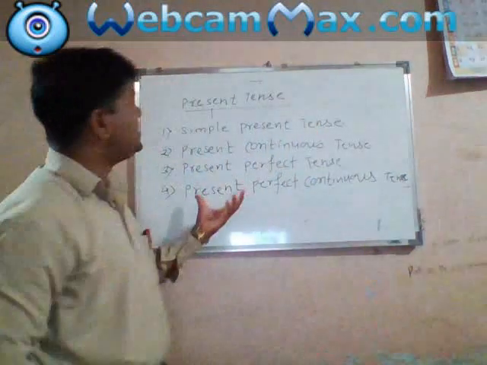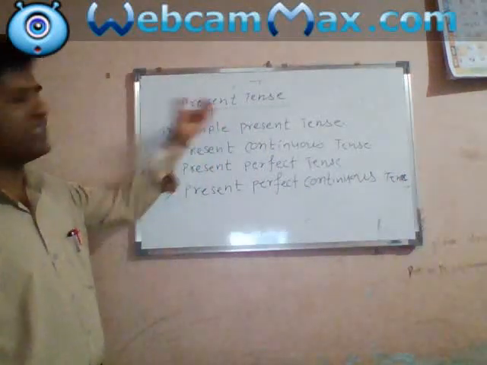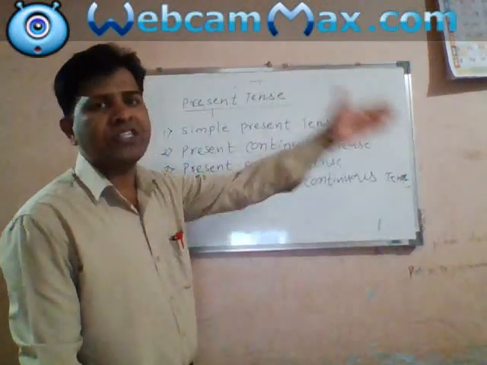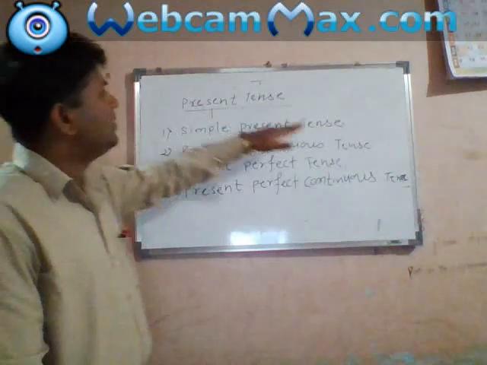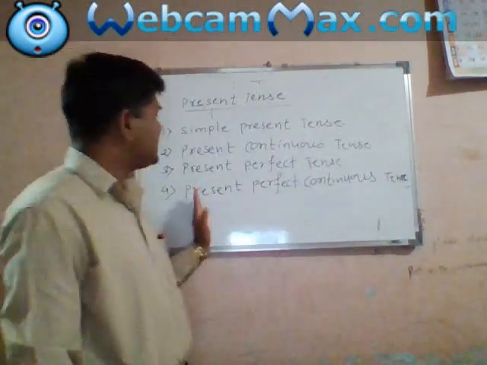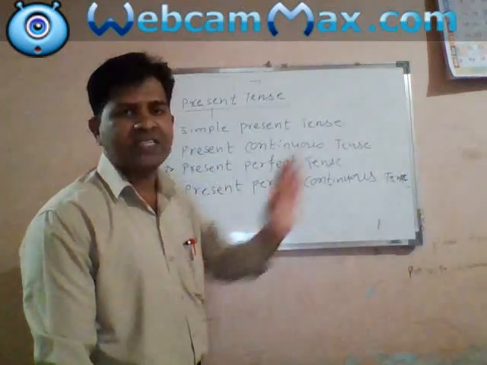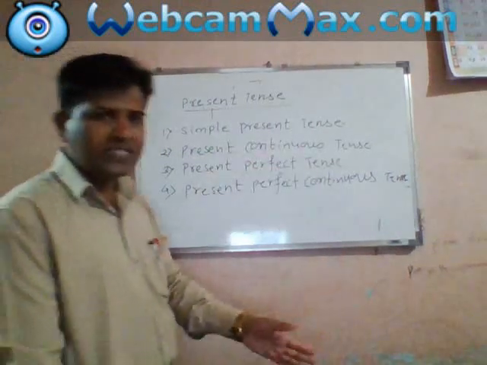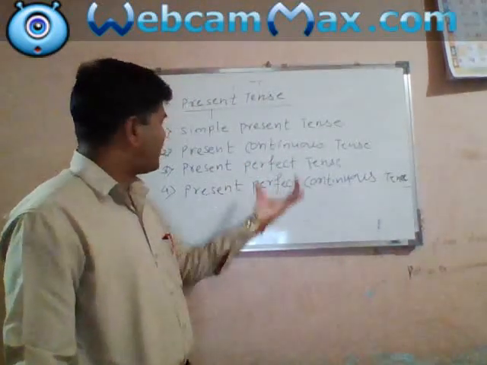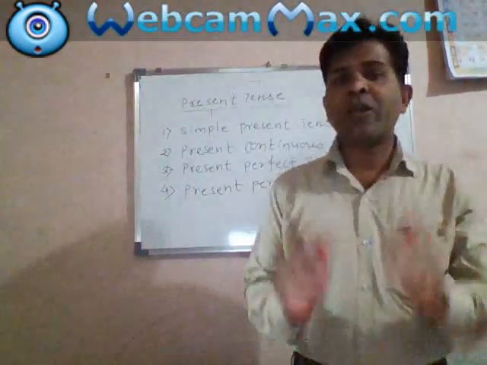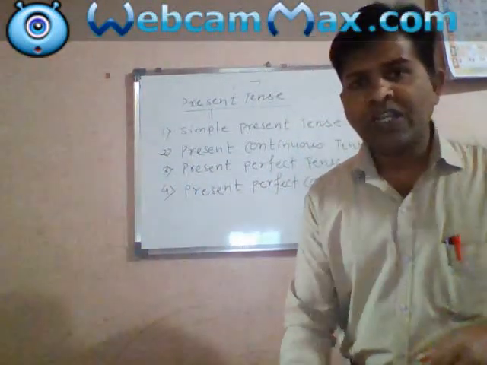So these are the 4 subtypes of the present tense. Similarly, for future tense: simple future tense, future continuous tense, future perfect tense and future perfect continuous tense. Past tense: simple past tense, past continuous tense, past perfect tense and past perfect continuous tense. So these 12 tenses we are going to learn.